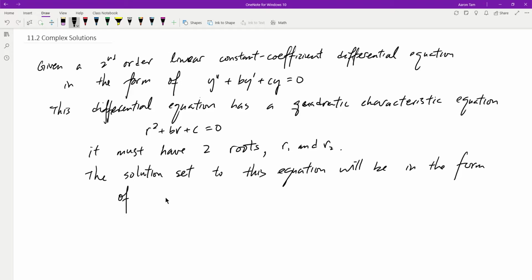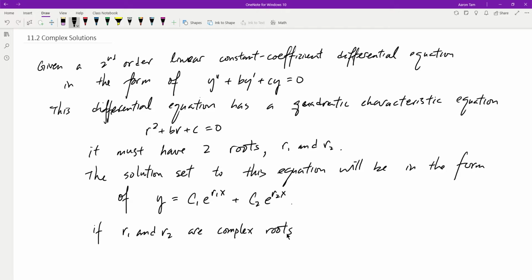Then the solution set to this equation will be in the form of, since we have the unknown function y, and I'm going to assume the independent variable is x, y equal to c1 e to r1x plus c2 e to r2x. So whether it's real or imaginary, this is still what the solution set looks like.